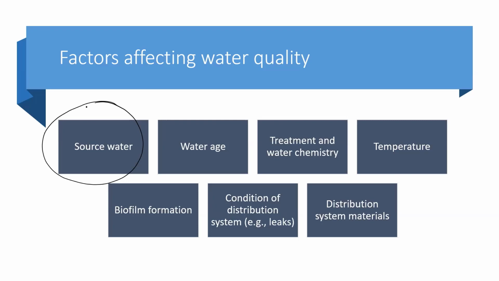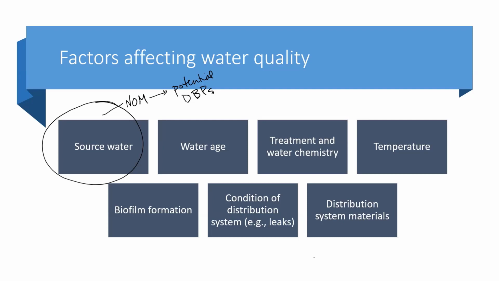So for example, if we have water that has a high NOM, we chlorinate that water, there is the potential for high concentrations of the various disinfection byproducts. We also talk about water age.